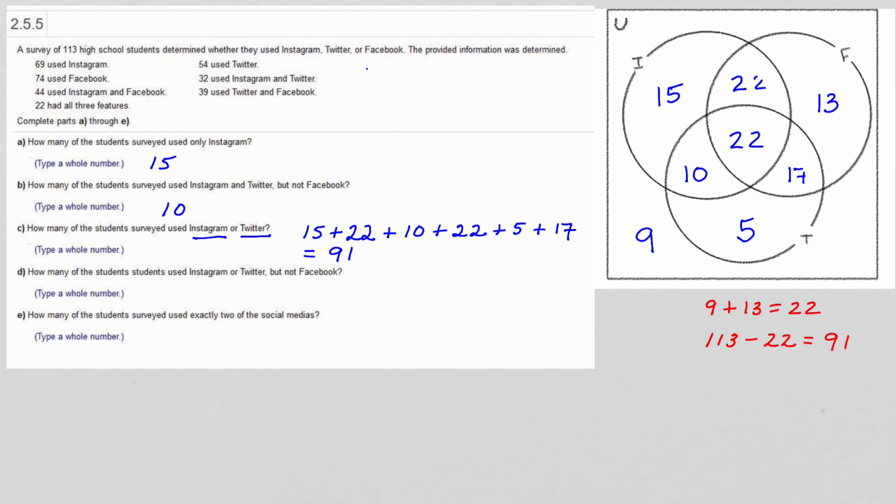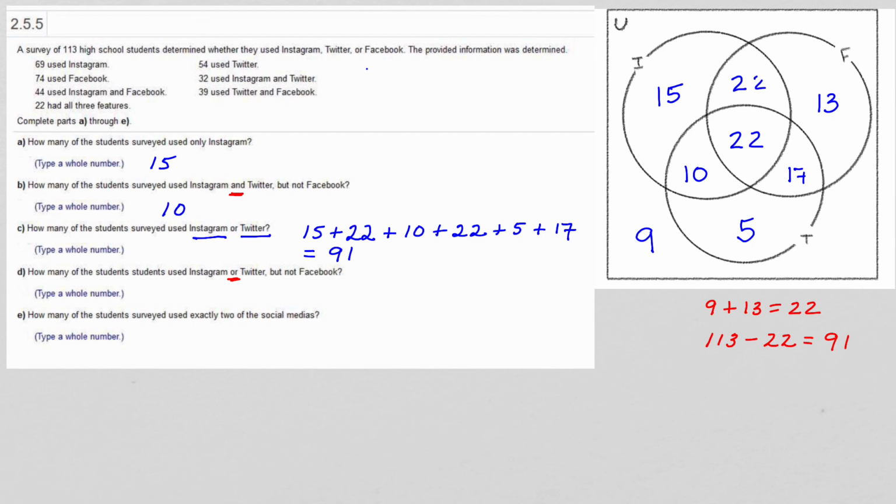So how many used Instagram or Twitter but not Facebook? So in this case, I paused for a second because I thought it was the same as B. But notice this says and, and this says or. So that makes a big difference. So now we want Instagram or Twitter.